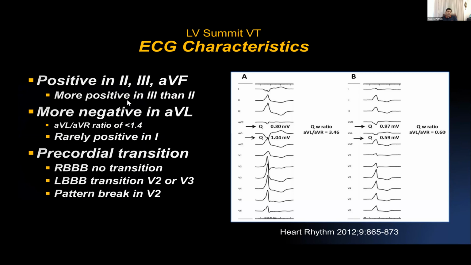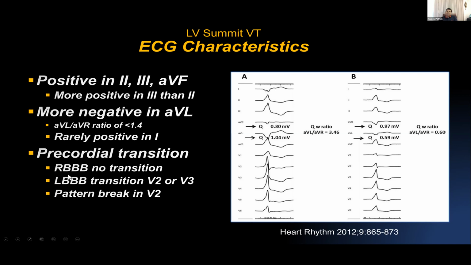And most importantly, it will be more positive in 3 than 2, suggestive of it coming not from the right ventricle, but more towards the left ventricle itself. We then look at the ECGs in AVL and AVR, and generally speaking, AVL will be more negative than AVR in these cases. Rarely you will see positive. In most cases, you see a pure negative in lead 1.